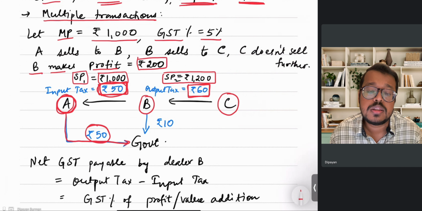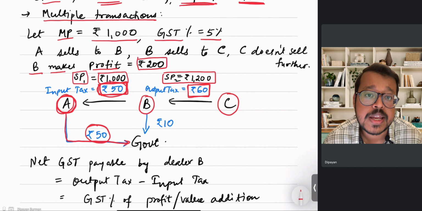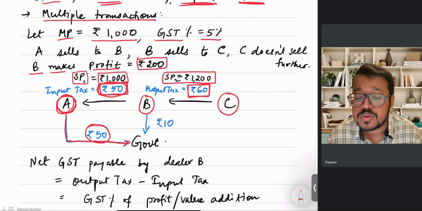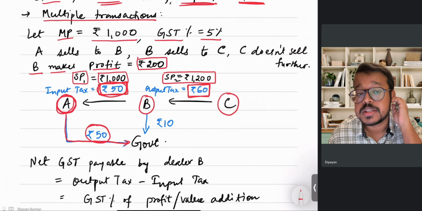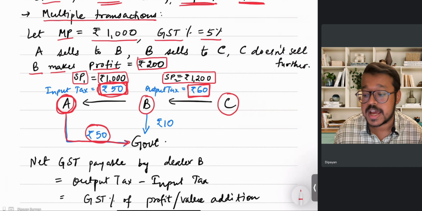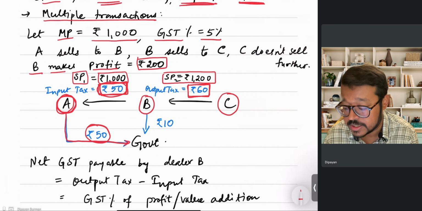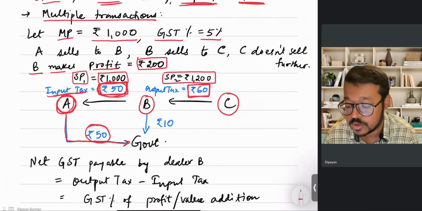Now person B is of interest because person B is already paying some tax while purchasing and is also receiving some tax while selling. So for person B, when they are purchasing the product, that tax on purchase is known as input tax, and that is 50 rupees here.